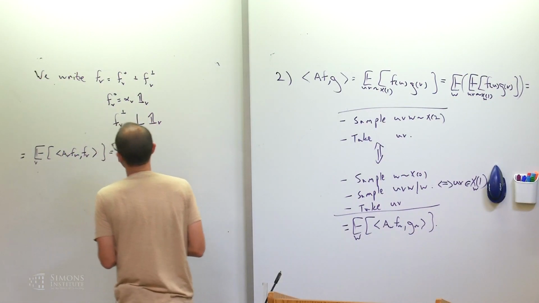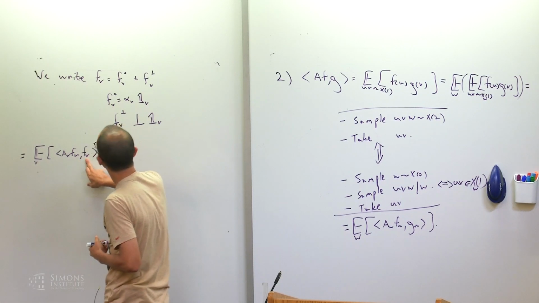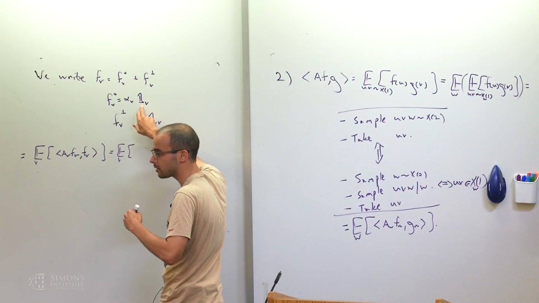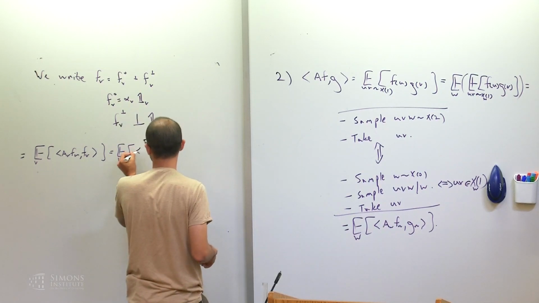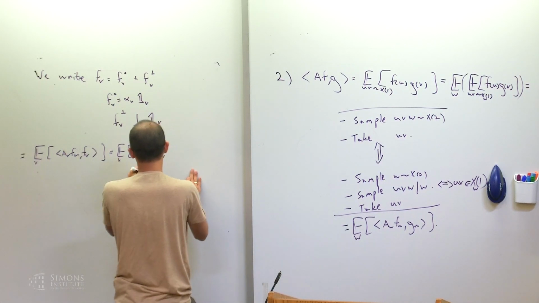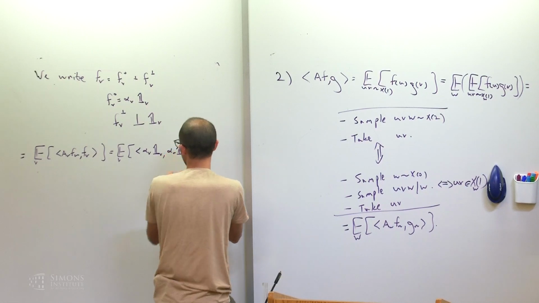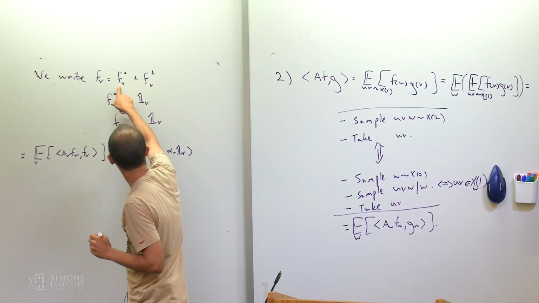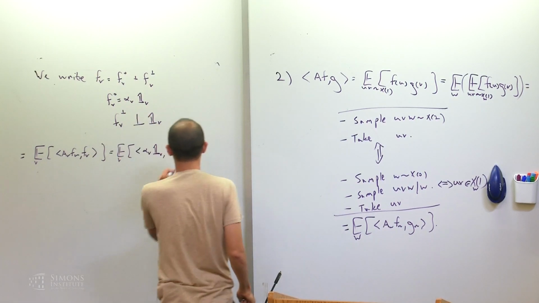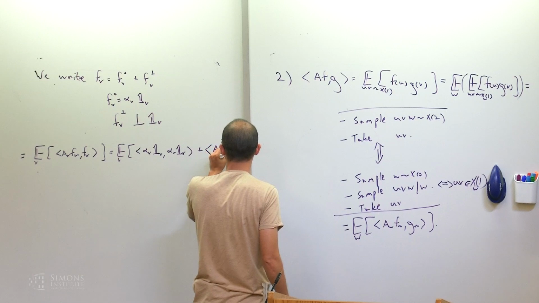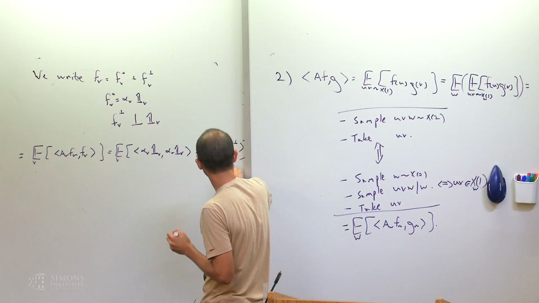is just, so what does AV do to each component? The part which is just proportional to the all ones vector, it leaves as it is. So this first part will be just alpha v squared times the norm of 1v. This corresponds to the part that's just a constant times the all ones vector, and for the part that's perpendicular, we are going to say that this part is in fact very small.